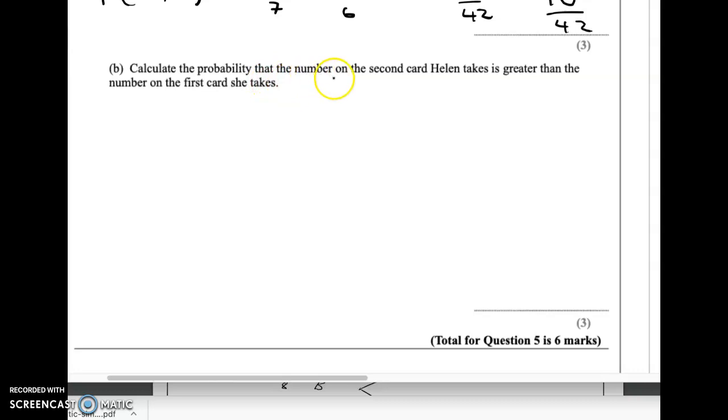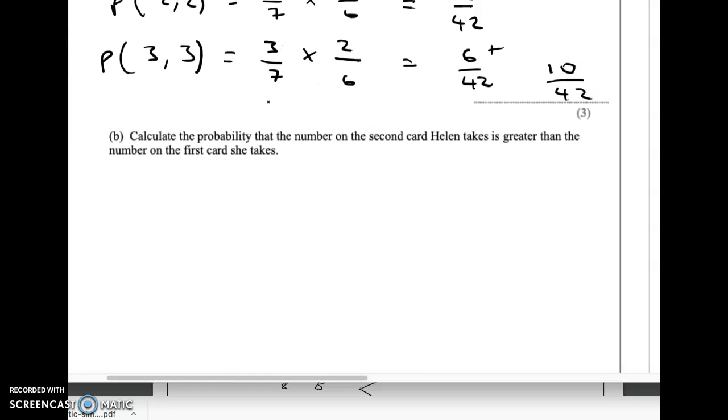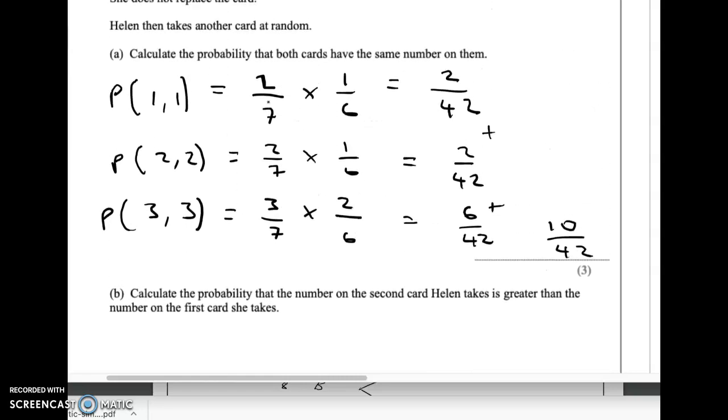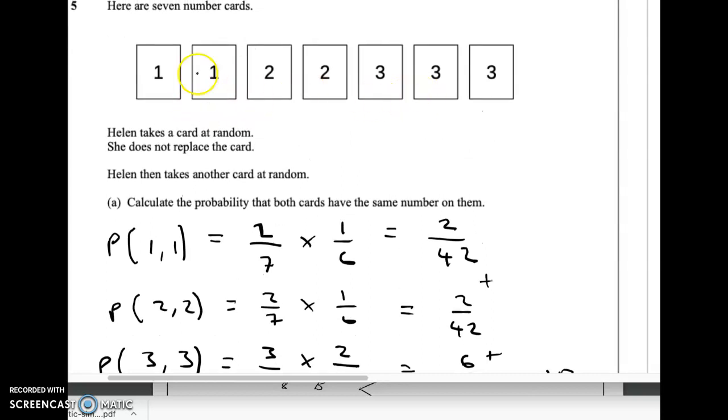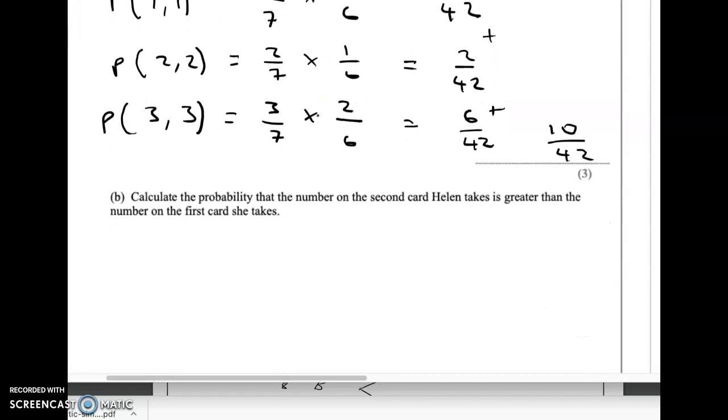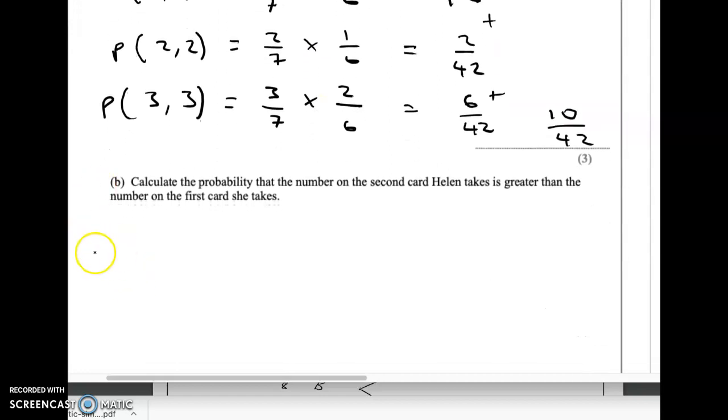Calculate the probability that the number on the second card Helen takes is greater than the number on the first card she takes. So this sounds complicated, but you just have to think of all the different variations, the possibilities. So if it's just 1, 2, 3, and the second card has to be bigger, so we've got the probability that she picks a 1, then a 2.